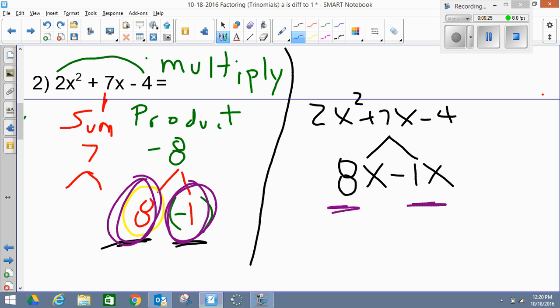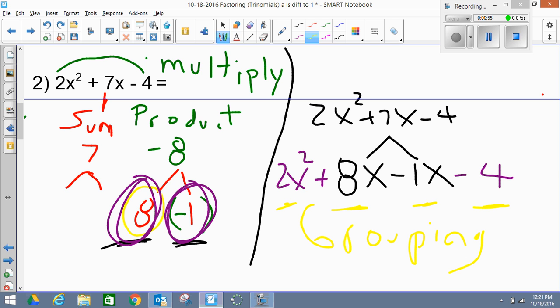If you double check, 8x minus 1x is 7x. So now I just bring down the other two values: the 2x squared and the negative 4. And I have 4 terms: 1, 2, 3, 4. So I'm able to use grouping.